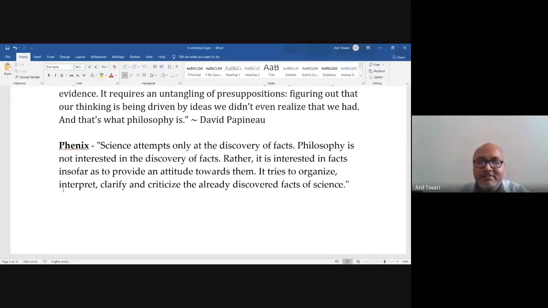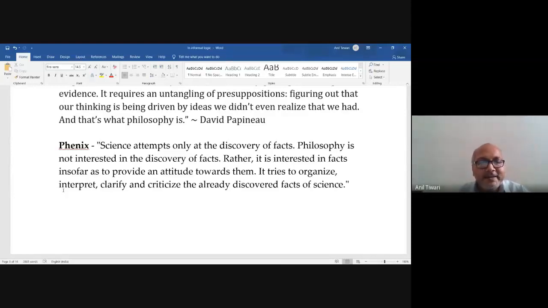You adopt a perspective, you adopt a stance, you take a stance towards that fact. It's not just reporting the facts, but adopting a stance, a standpoint, a perspective towards that fact. And that's the essential difference between what we call scientific attempts and philosophical attempts.